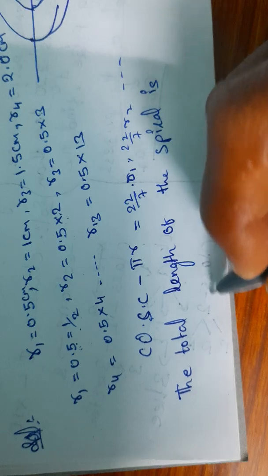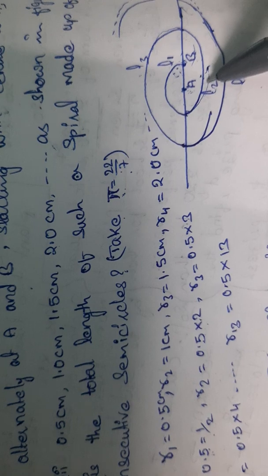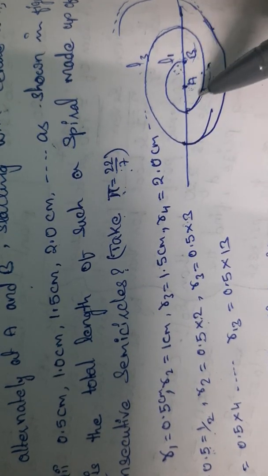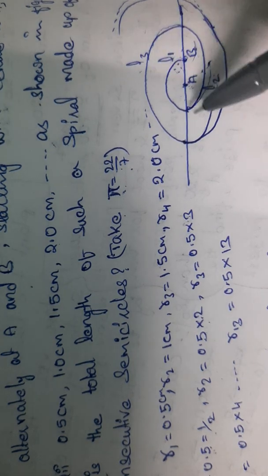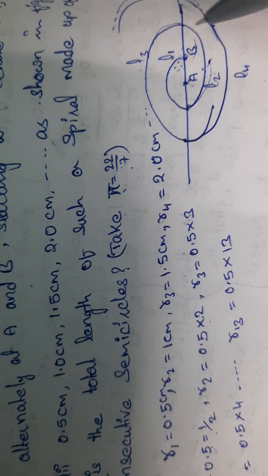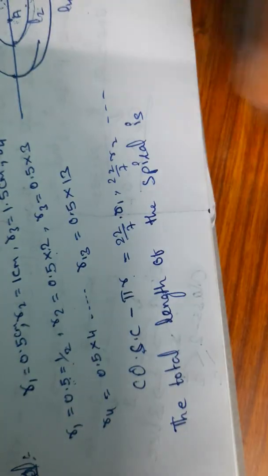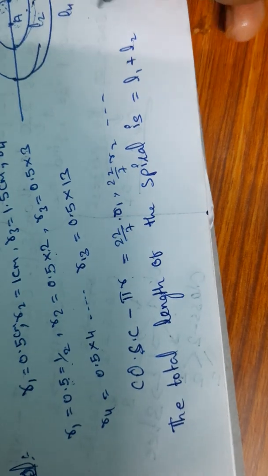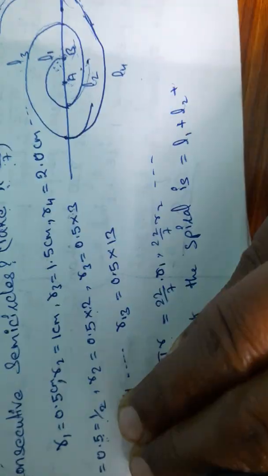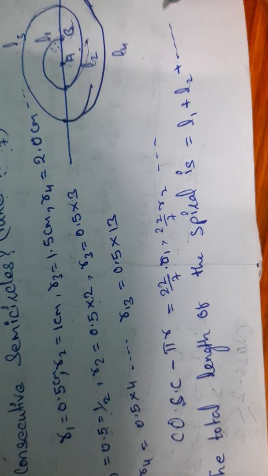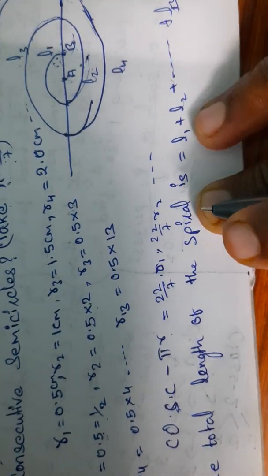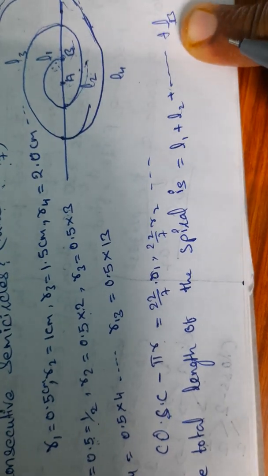L1 is the circumference of semicircle L1, plus L2, the circumference of semicircle L2, L3, L4, and so on up to L13. That means we can simply write L1 plus L2 plus L3 and so on up to L13.